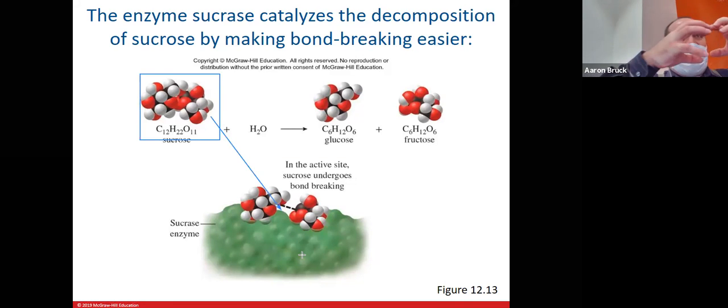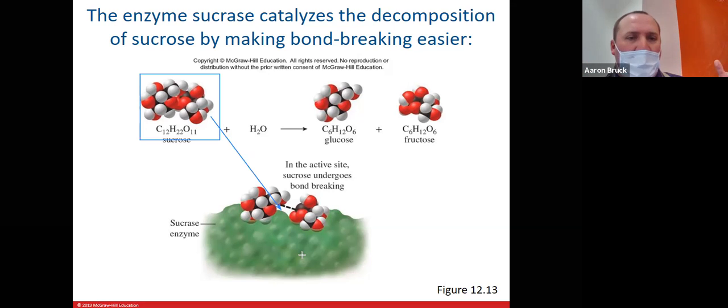And basically what the enzyme does is it strains on that, stresses on that bend to pop off the two rings, the glucose ring and the fructose ring, from each other. And once that happens, your body is able to process glucose and fructose much more rapidly, much more efficiently from an energy standpoint than it was able to with sucrose.